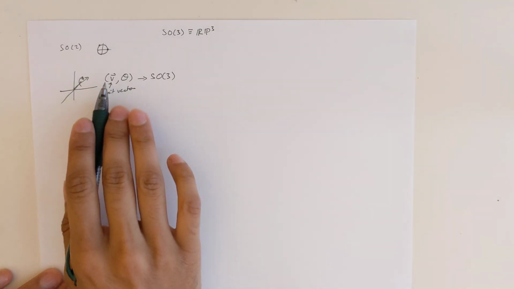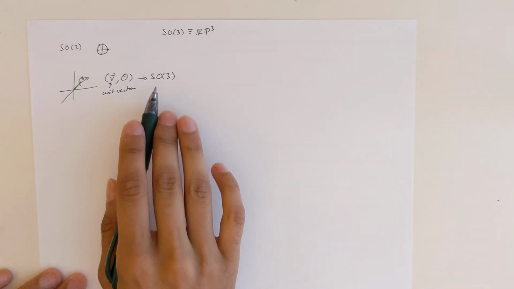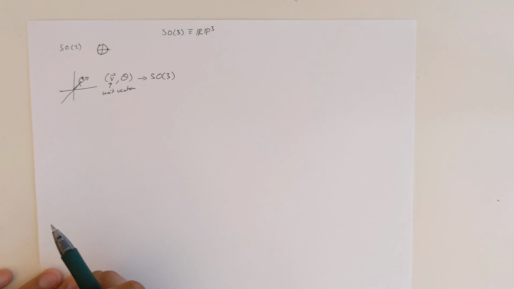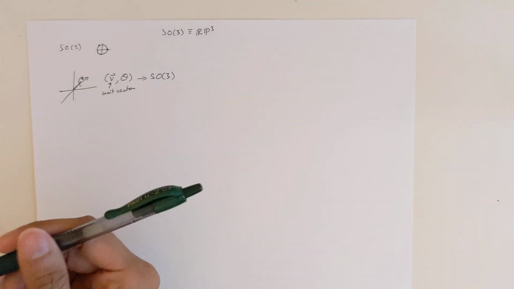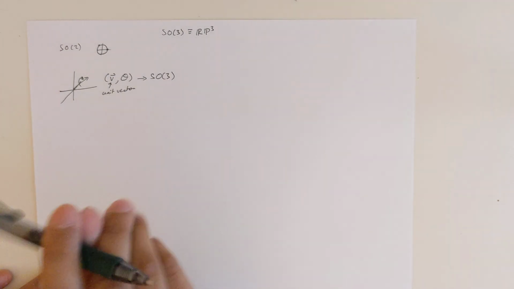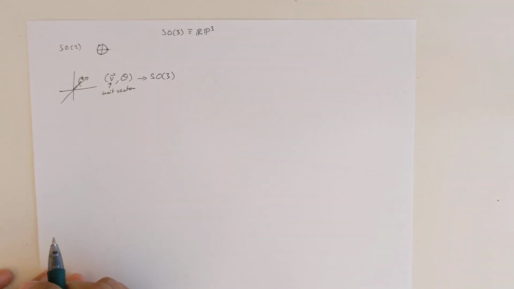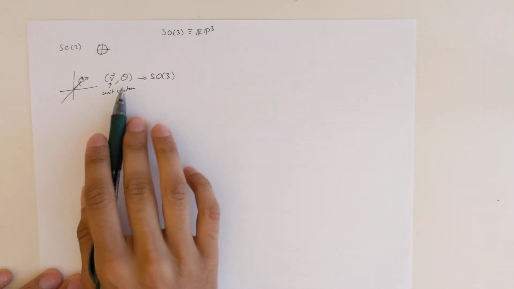You can determine the vector v by looking at the fixed axis of any rotation, and there always will be a fixed axis because you're rotating in a plane. So you have a uniquely determined unit vector, except it's actually determined only up to sign, because you can have either v or minus v. But I'll mention that a bit later.